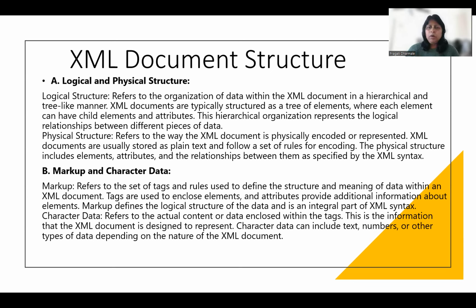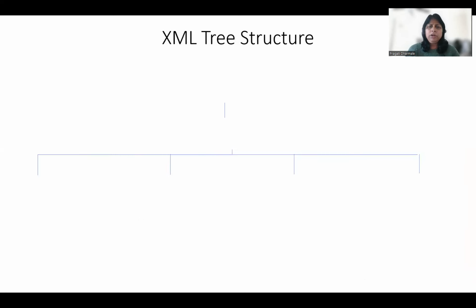Now, to talk more about the logical and the physical structure, let's try to understand it with an example. As stated, logical structure consists of a tree-like structure. So it will consist of a root element. Let's consider an example of a bookstore.